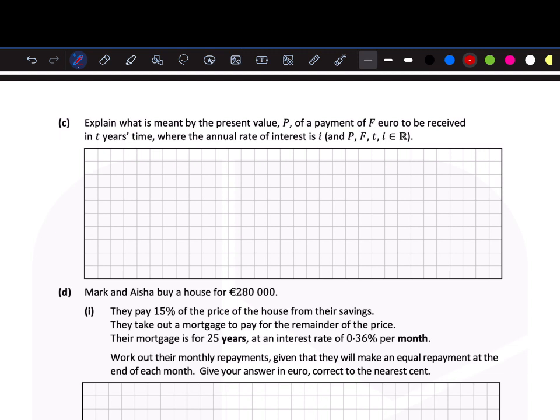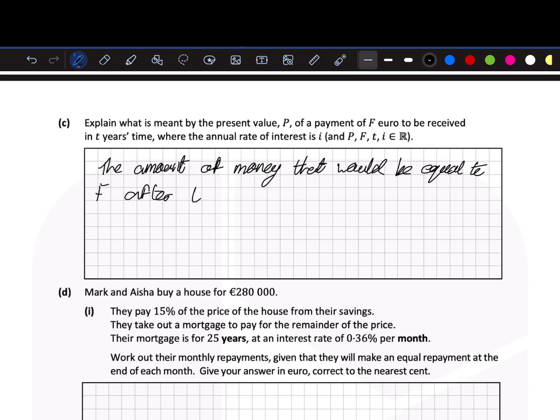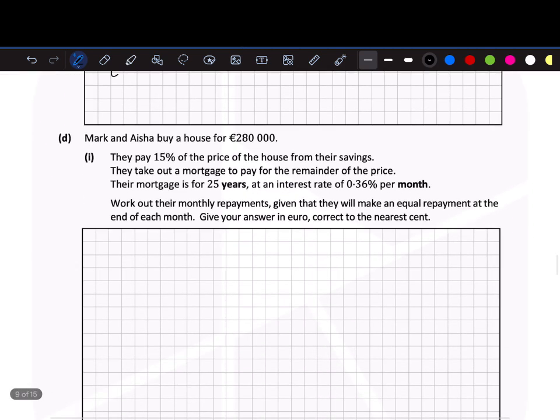So what we can say is that it's going to be the amount of money that would be equal to F, which is the price, after T years at an interest rate of I.